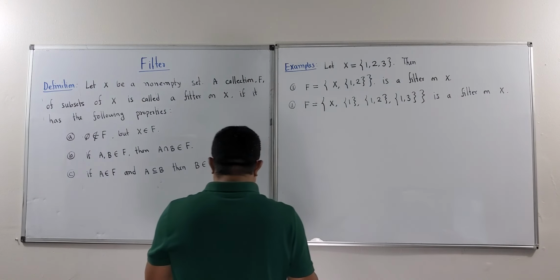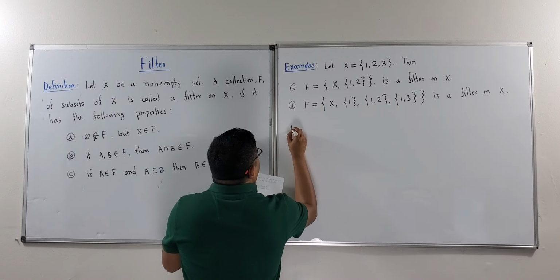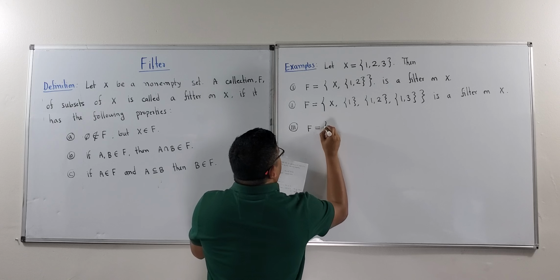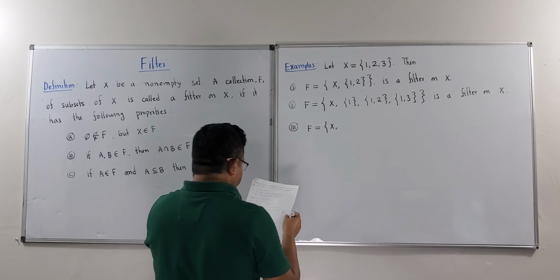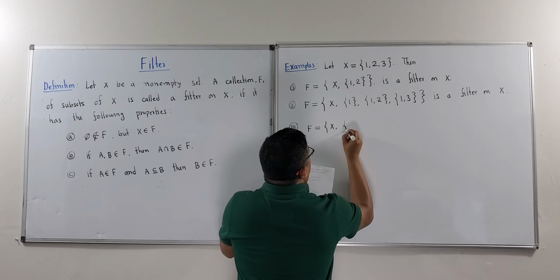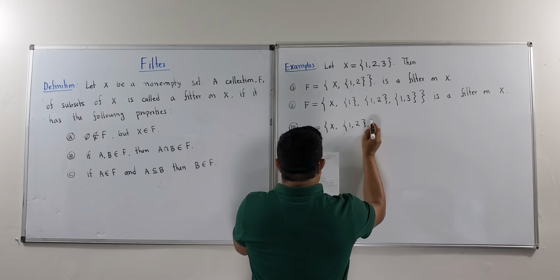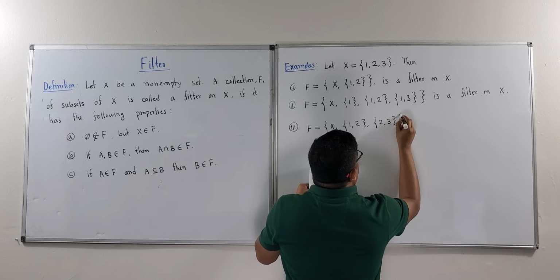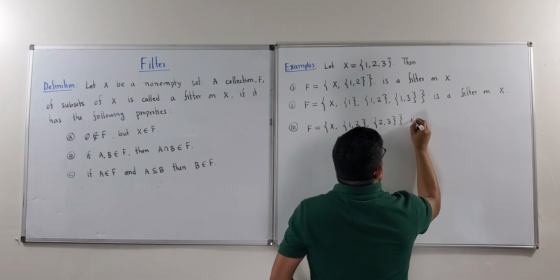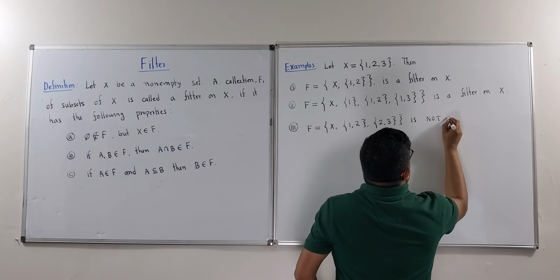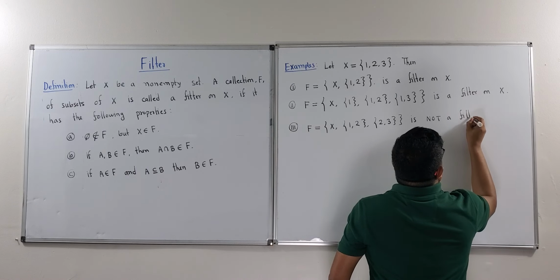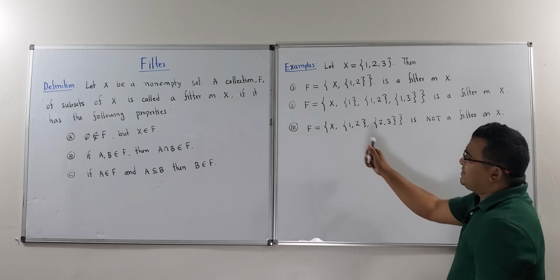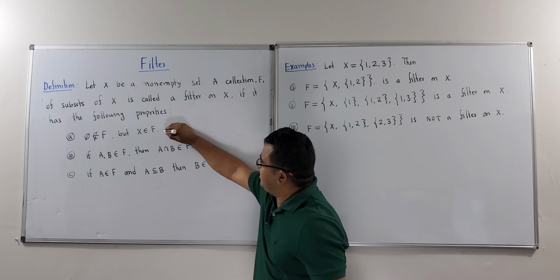Now for the third example, if we consider F equals the whole set X, then {1, 2}, then {2, 3}, this is not a filter on X. Why is it not a filter? It satisfies the first property.